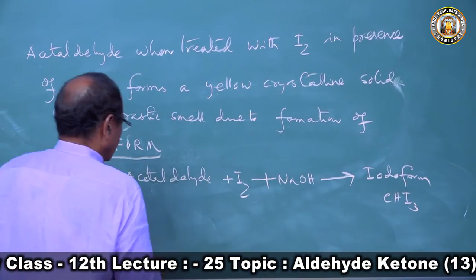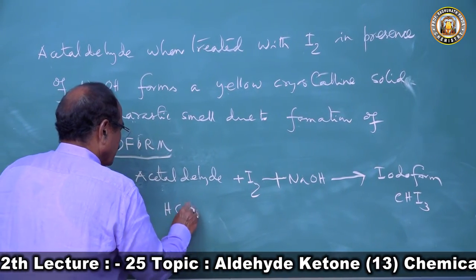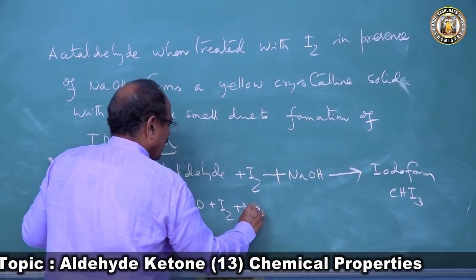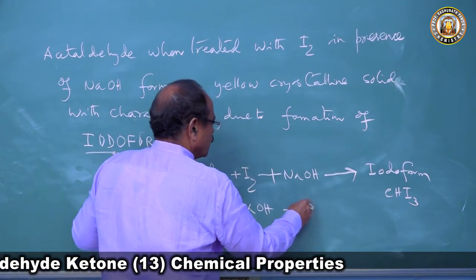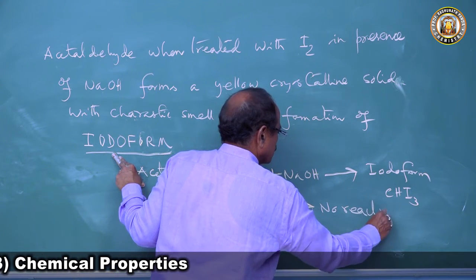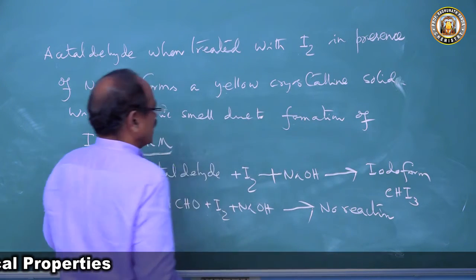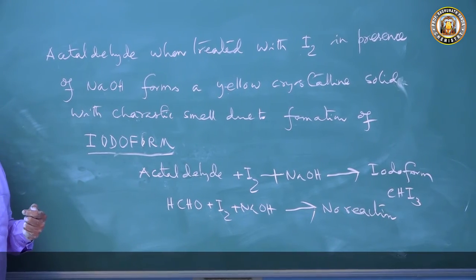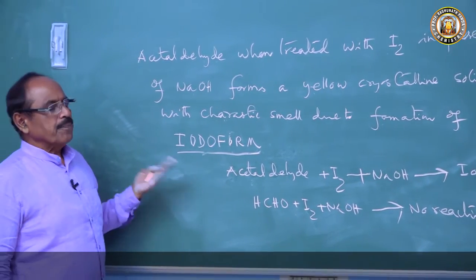But if you take formaldehyde plus iodine plus sodium hydroxide, there is no reaction, no iodoform. Hence, acetaldehyde can be distinguished from formaldehyde by this test.